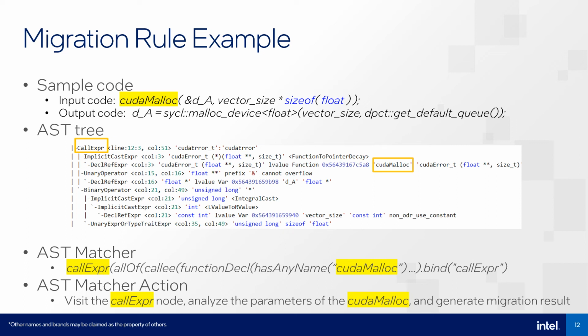Each migration rule can be implemented to migrate a simple language syntax. With more migration rules added, SYCLomatic will be more powerful.